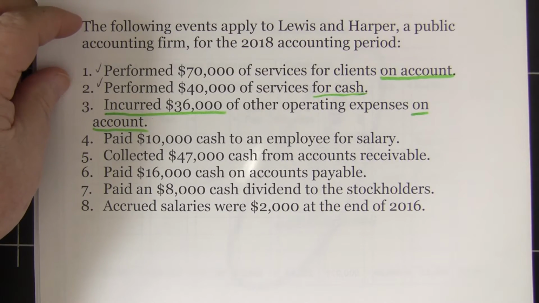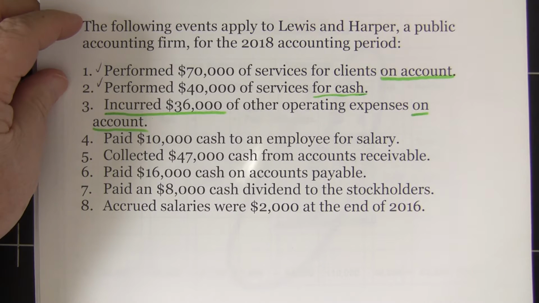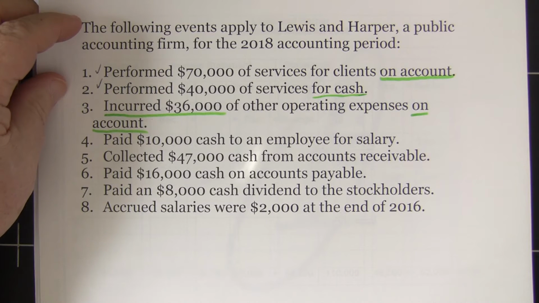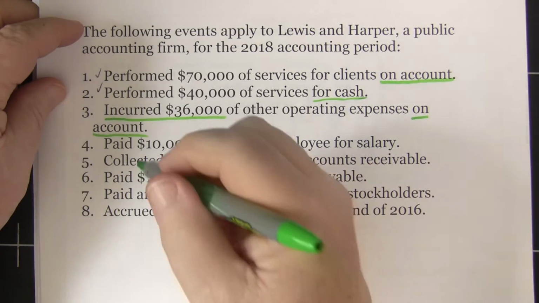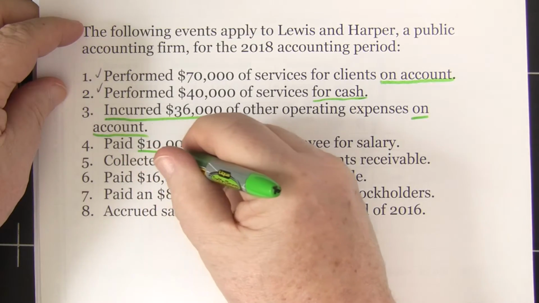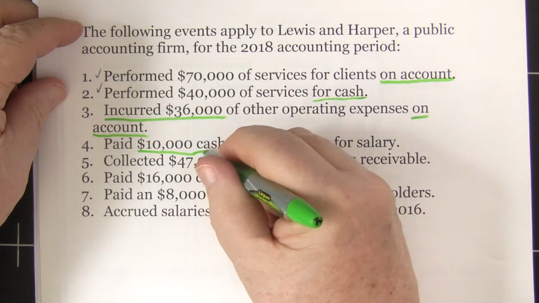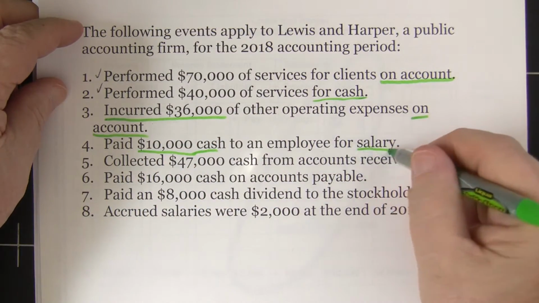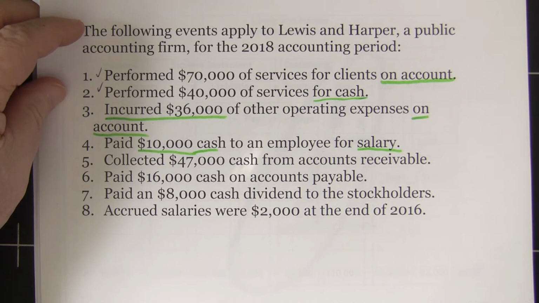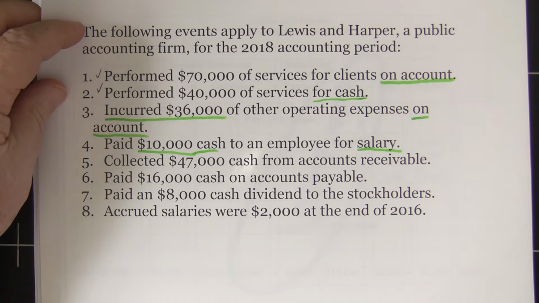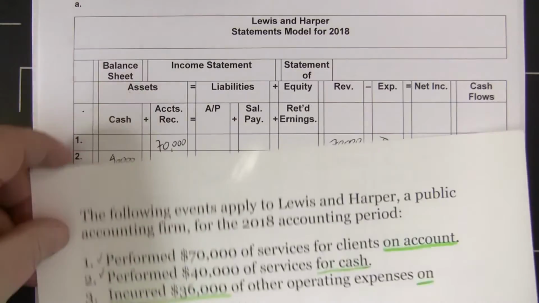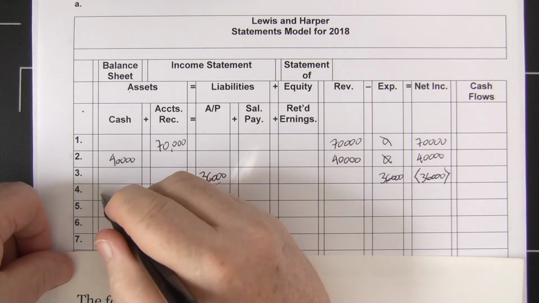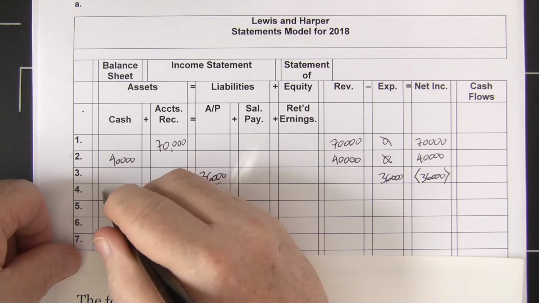Next, they pay $10,000 cash to an employee for a salary. I will tell you that's fiction. In 40 years of public accounting, I don't know anybody who got $10,000 for a week of services, but we'll make pretend it's so. So we have $10,000 cash, and that's salary. Salary is indeed an operating expense, so we have to reduce our cash by $10,000.